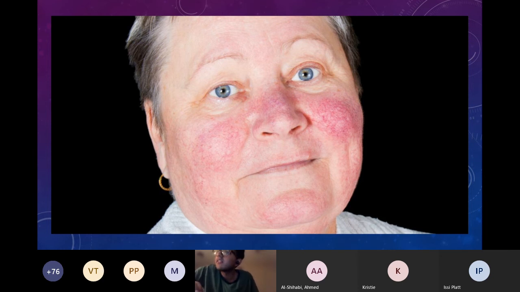Could it be systemic sclerosis? It is unlikely to be systemic sclerosis because that causes telangiectasia that I'll show you in a minute. Carcinoid tumor causes flushing, which you're absolutely correct, but this is a very specific distribution. Rosacea is good.